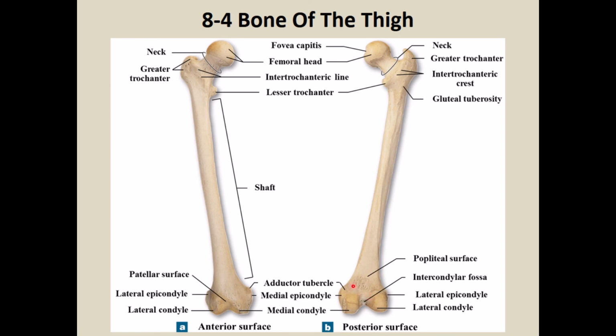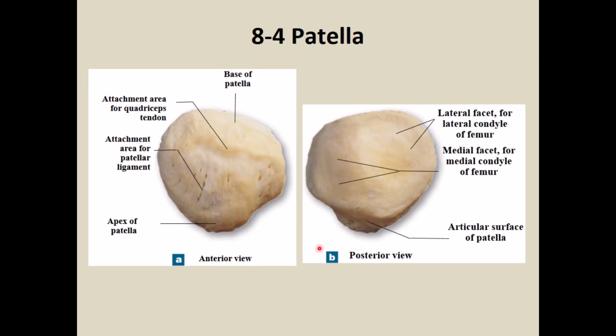And above that is another flat area that is called the popliteal fossa. This is just behind your knee, the popliteal fossa. This is the patella. This is a sesamoid bone. It's more or less a triangular flat bone. This is the base and this is the tip.